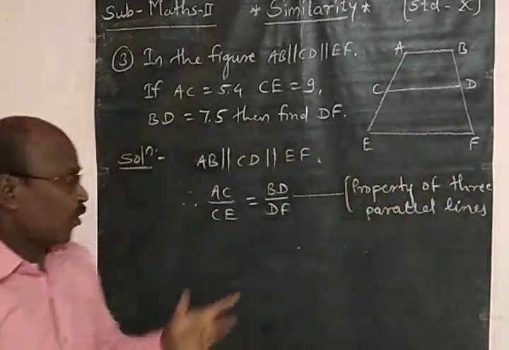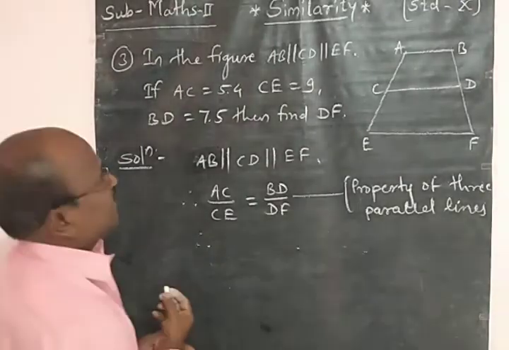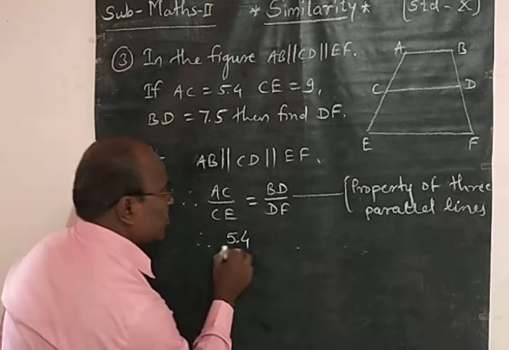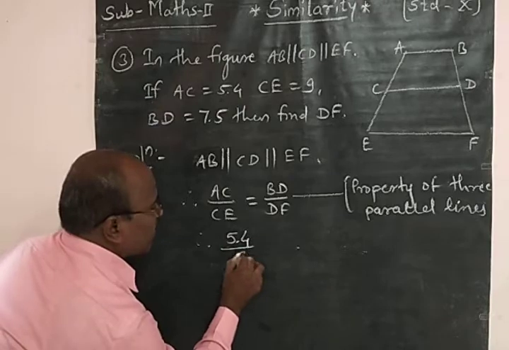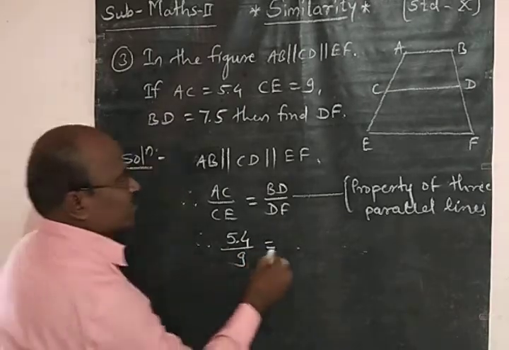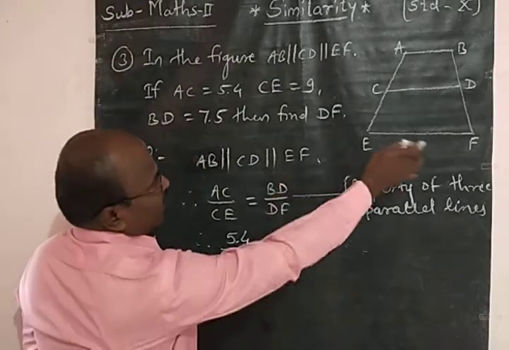Okay. Now put the given values. So AC is 5.4. Right here AC 5.4 divided by CE is, what is CE? CE is 9. So right here 9 is equal to BD is 7.5. Then we have to find DF.